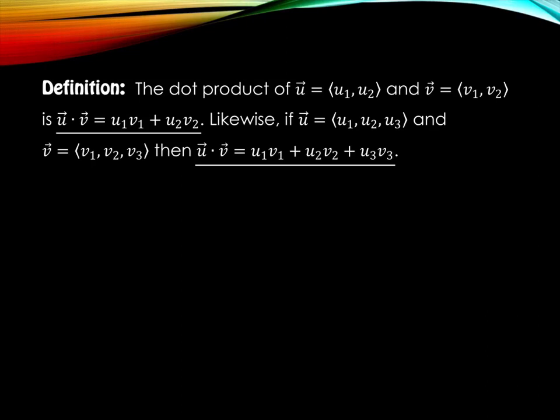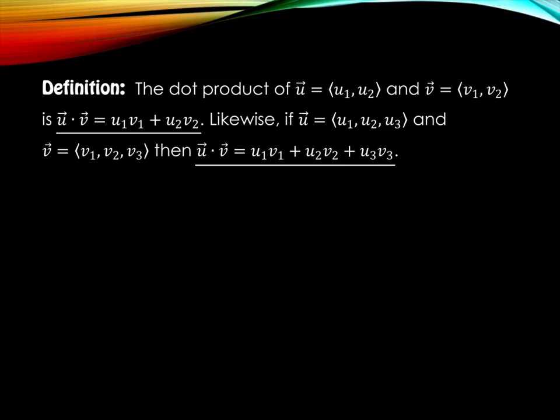Okay, so notice, you multiply two vectors here, and what do you get? A number. You get a scalar. So with the dot product, you always get a scalar or a number at the end.